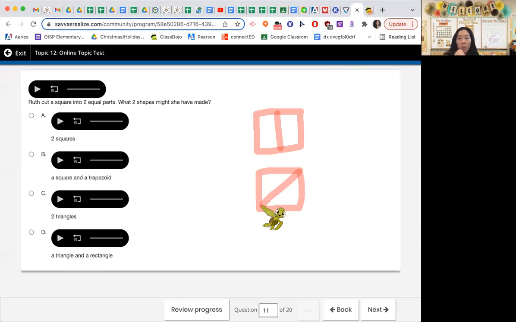Jason, what shape did I just create when I cut it sideways? A square? No, but look at this shape. What shape is this? It made 2 what? A triangle. 2 triangles. So which one of those shows us 2 triangles? A, B, C, or D?